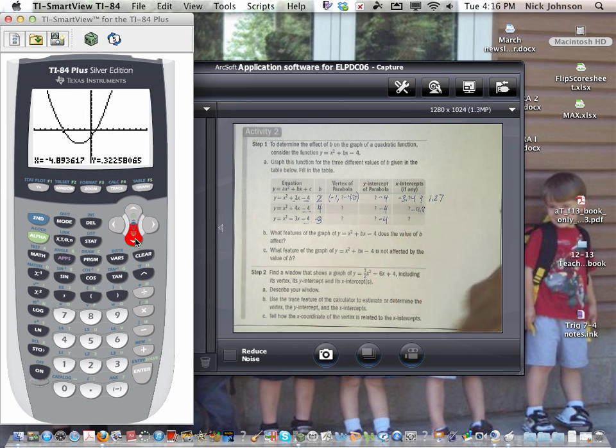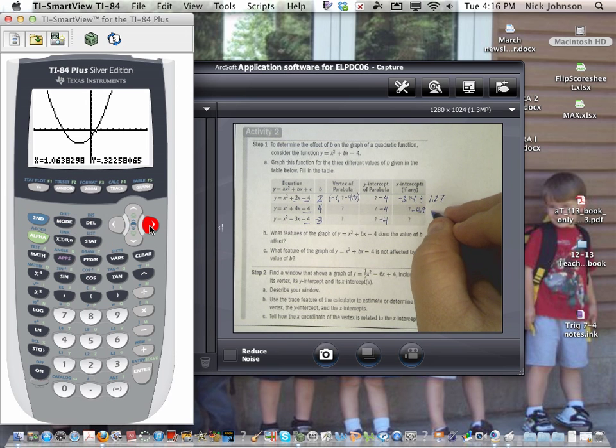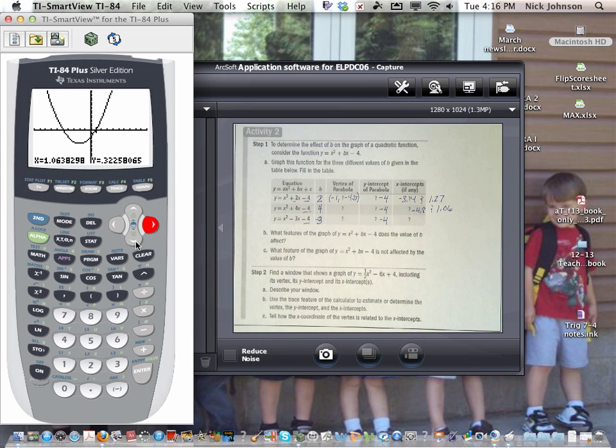For my x-intercepts, -4.8 and, so it looks like it moved a little bit, this is now at 1.06.